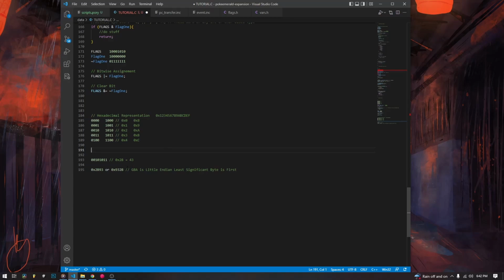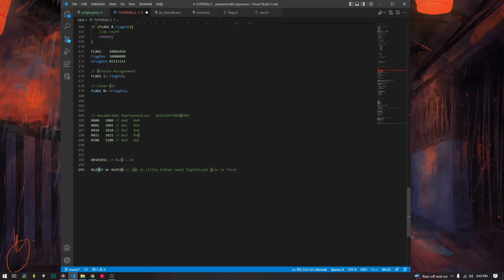Now, there is something to note about hexadecimal representation, especially when we're talking about memory addresses instead of values. When we're representing a hexadecimal value, a whole 2-byte value like this is this value in this order. You start from 3. 3 is 16 to the 0. 9 is 16 to the first.